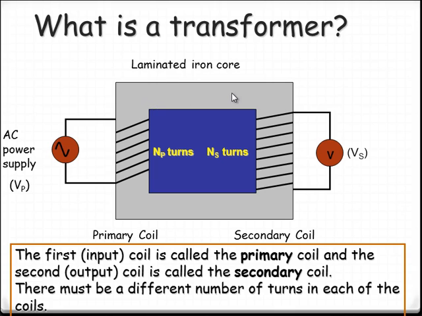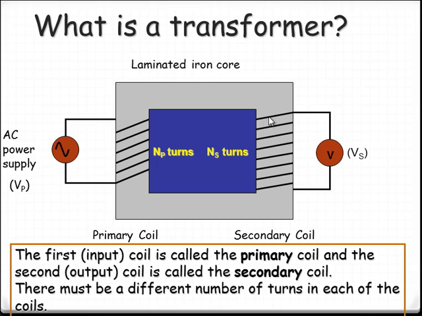We've got the laminated core, so that's going to help drive that magnetic field through the secondary coils. So we've got N subscript S for the secondary. This is our output terminal. So some voltage here produces a magnetic field. It induces a current and voltage here as our secondary output.